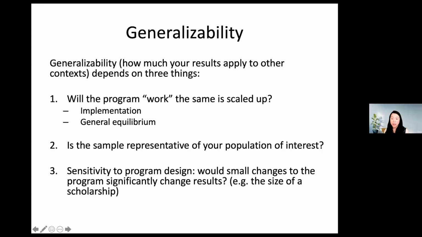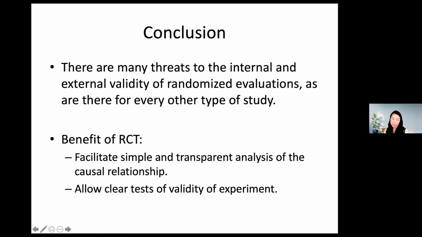For example, if we do a scholarship program, the treatment we measured is, say, a scholarship incentive of $2,000, and then we see this huge impact. But what if we decrease the scholarship amount from $2,000 to, say, $1,500? Would such a small change significantly change the result? That refers to the sensitivity of the program design.